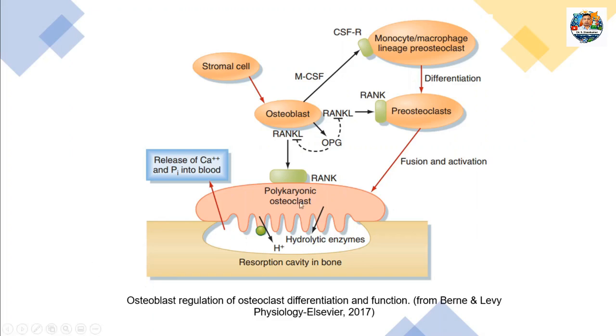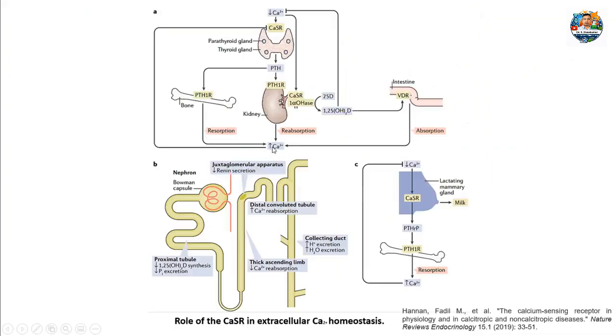And you see, because of the activity of these osteoclasts, the calcium and phosphate which were part of the bone are released into the blood. That's why there is an increase in the plasma calcium concentration because of bone resorption.